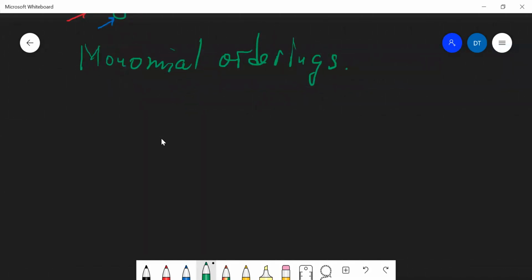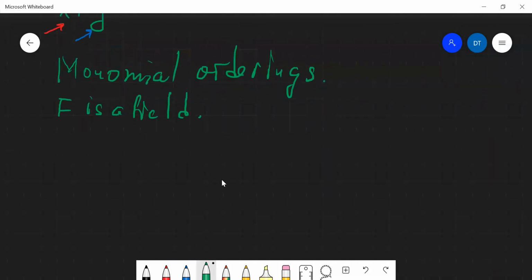We will always assume that we're given some field F. By the way, I forgot to define one specific notation, but I'll do it right now. We define the set of all polynomials in variables x1, ..., xn as F[x1, ..., xn], in these square brackets.